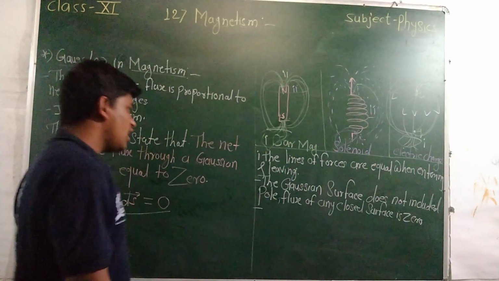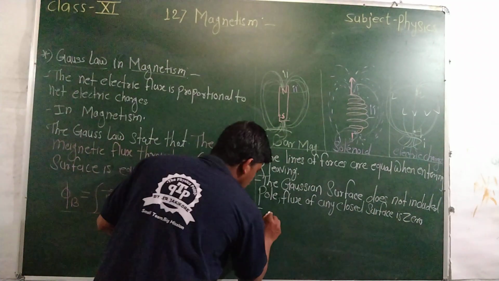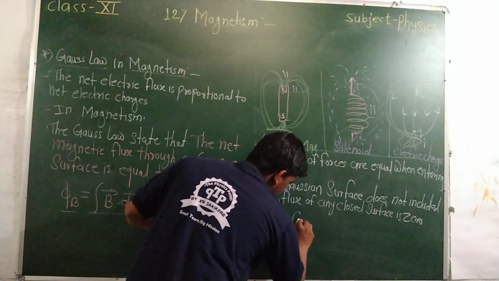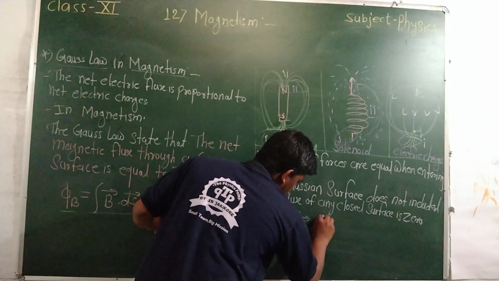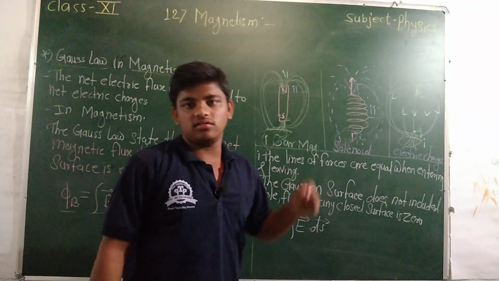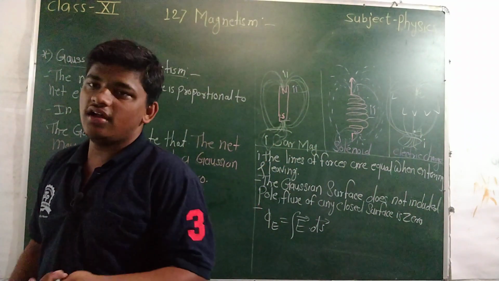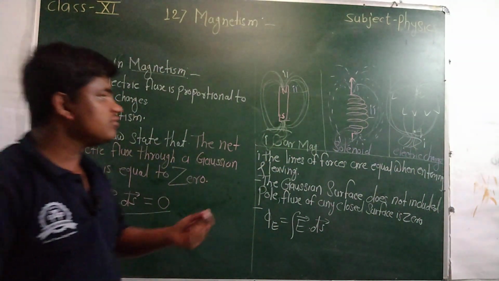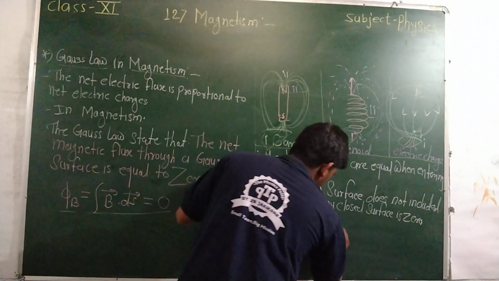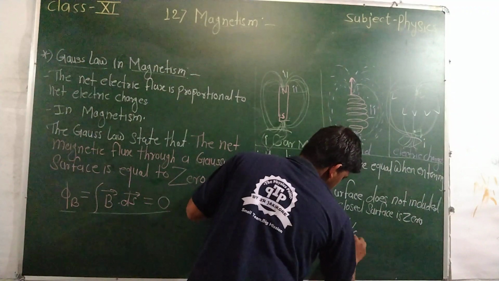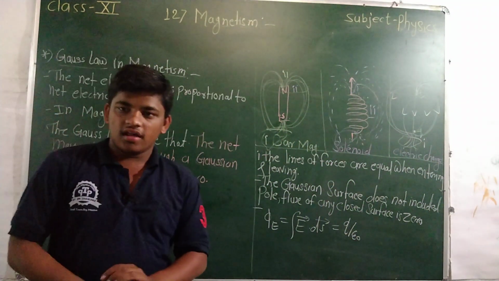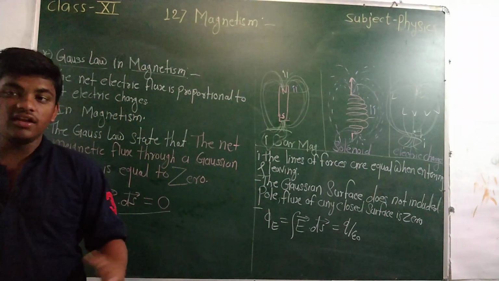According to Gauss law, the electric flux is the integral of E dot dS, and it depends on the net charge enclosed, where Q is the positive charge enclosed.